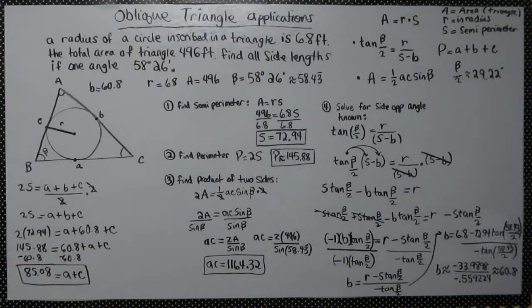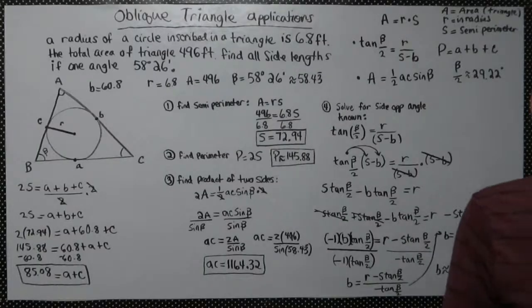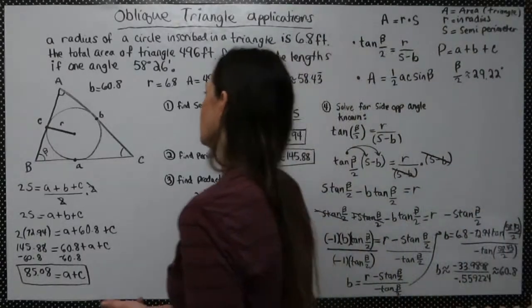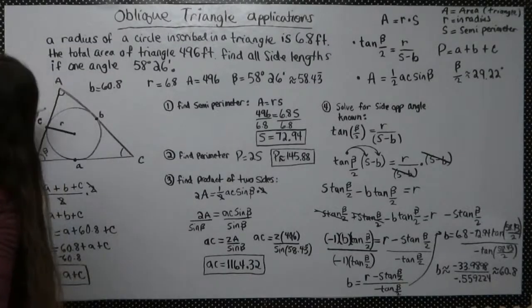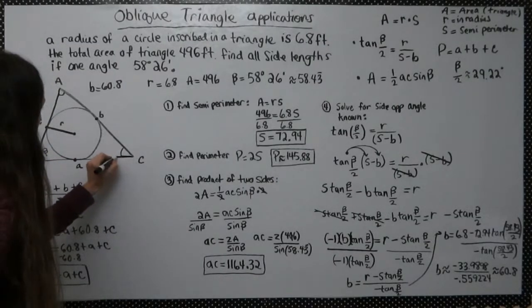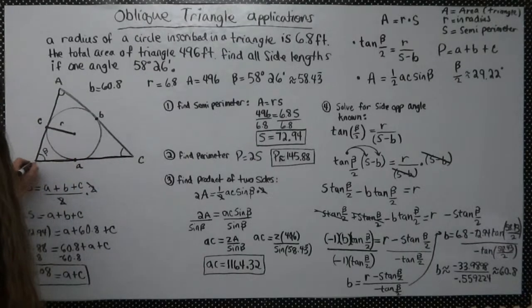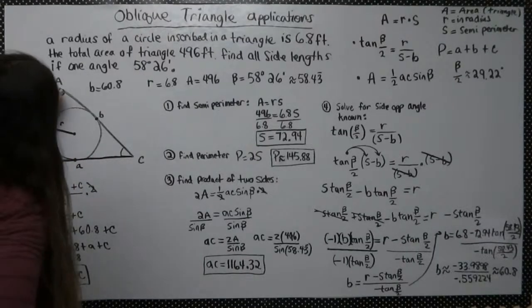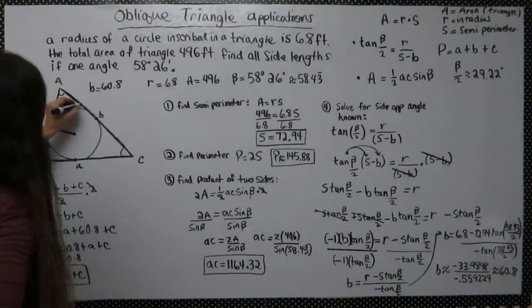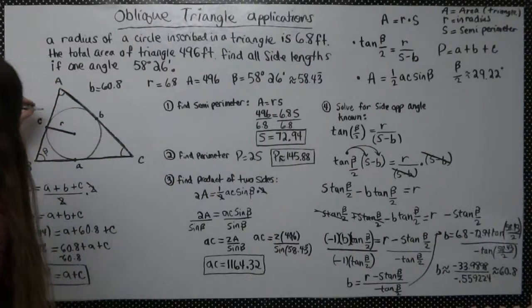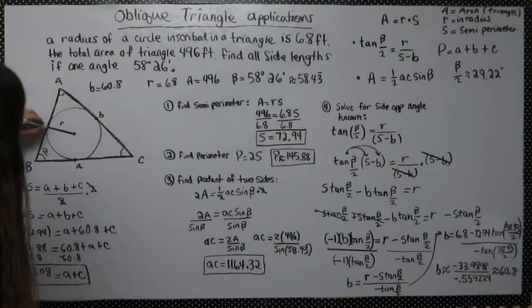We're going to solve for the other two sides. So we know the sum of the sides. What this is telling me is that side A, which is this side, and this side here. Sorry, A and C, these two sides.